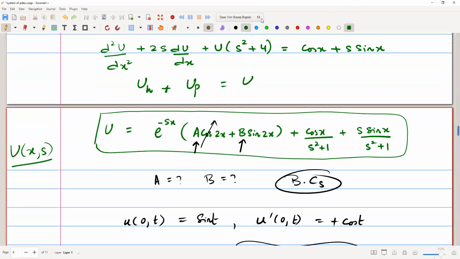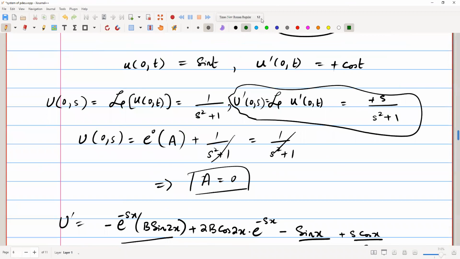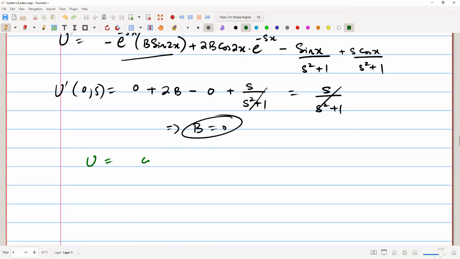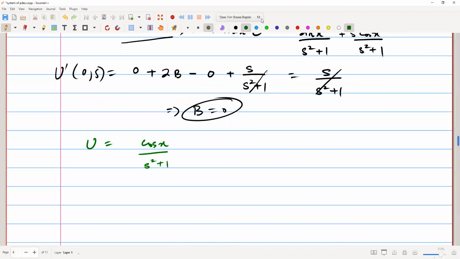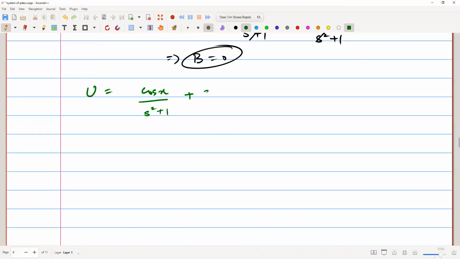Which implies that u equals cos x over s squared plus 1 plus s sine x over s squared plus 1. Now we can take the inverse Laplace.